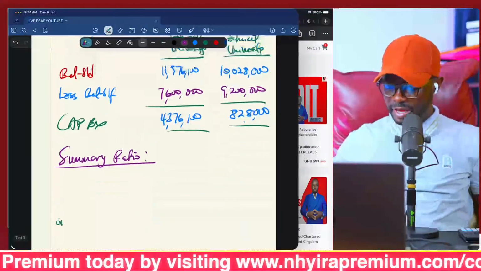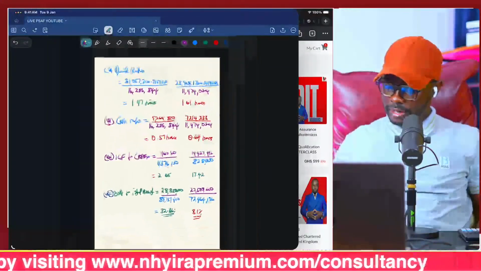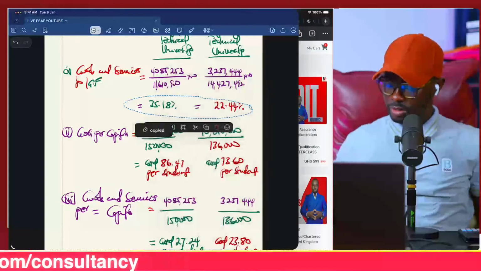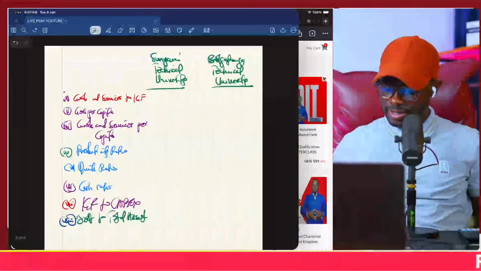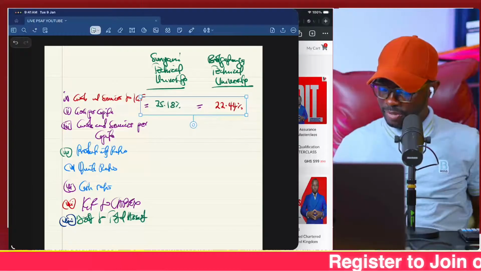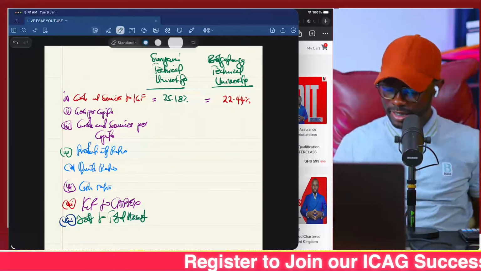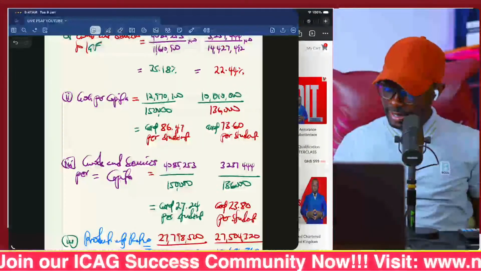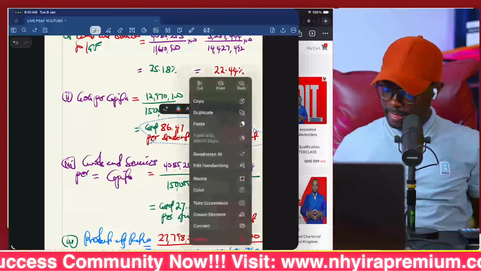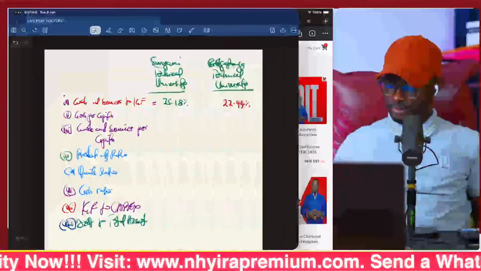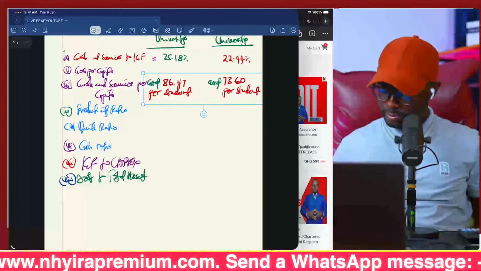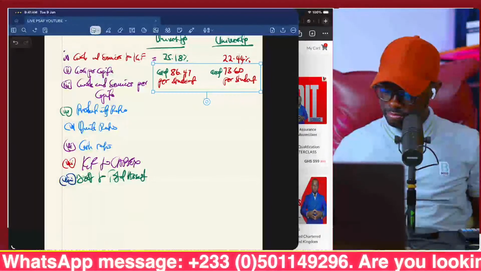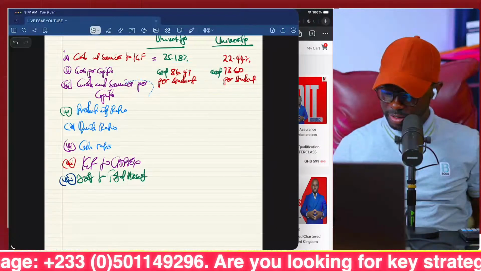So let's clean up everything now. If I want to bring these ratios, copy. See that it's a lot of work, but it's necessary. Then these, make it smaller. That is per capita.